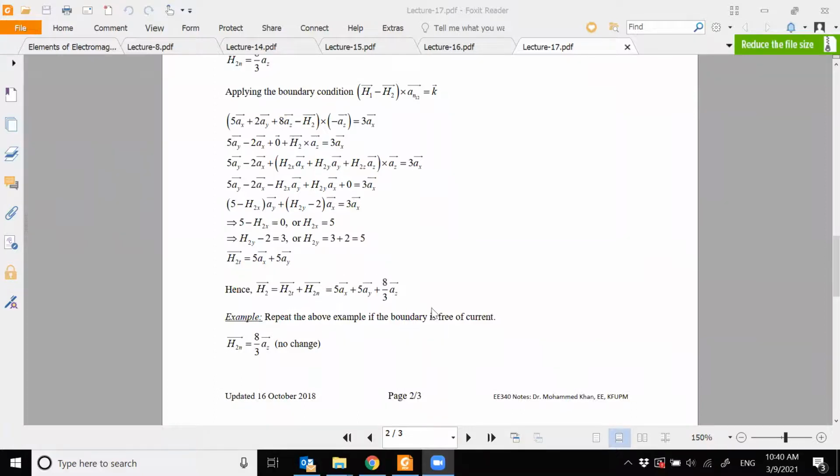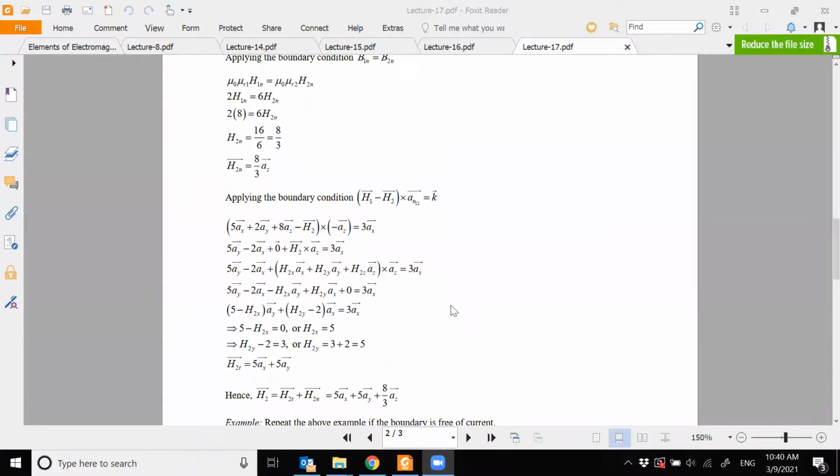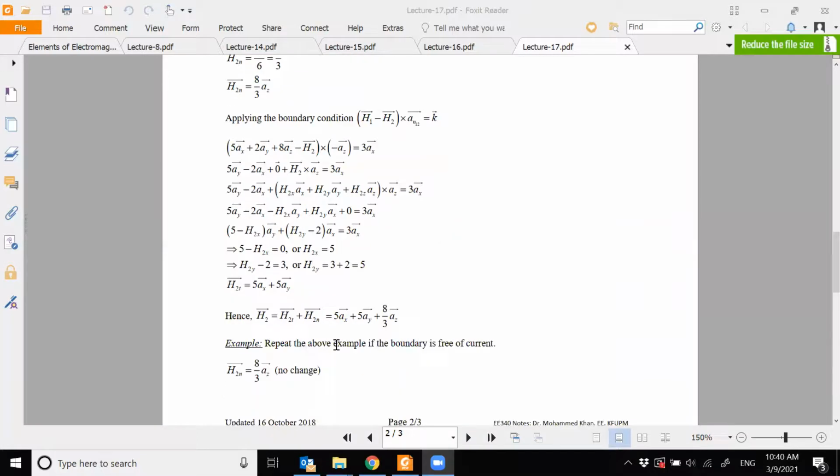Okay, so this is how you have to solve. This is a little bit different from the magnetostatics boundary condition because of the presence of the cross product. So it's better we do it in this way so that we don't miss anything, because working with dot products is comparatively easier than the cross product.